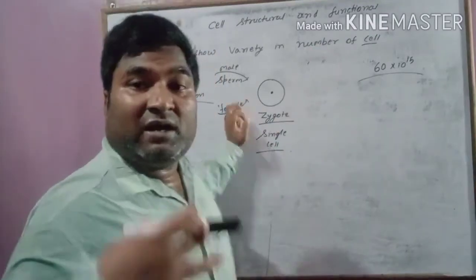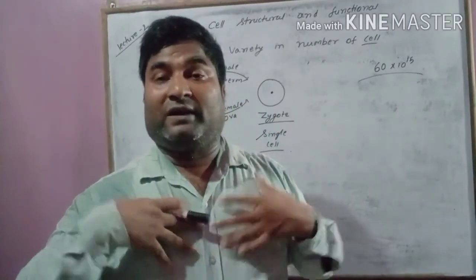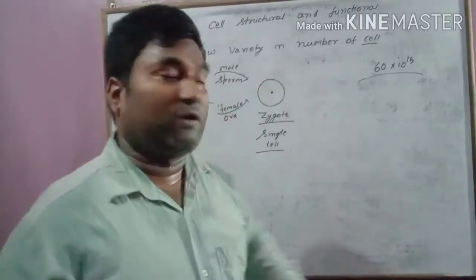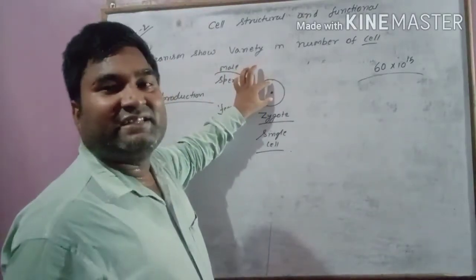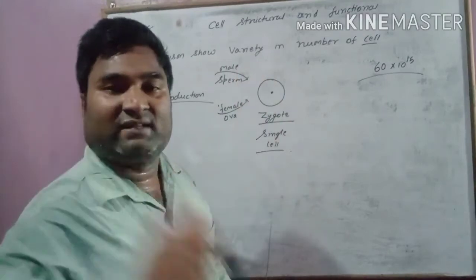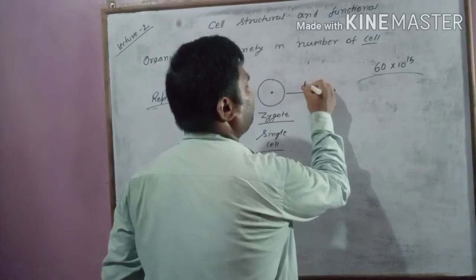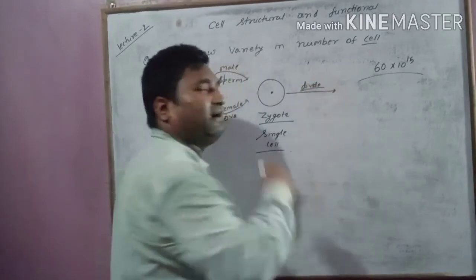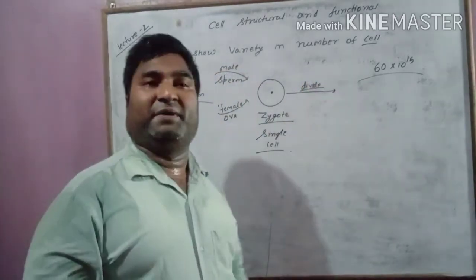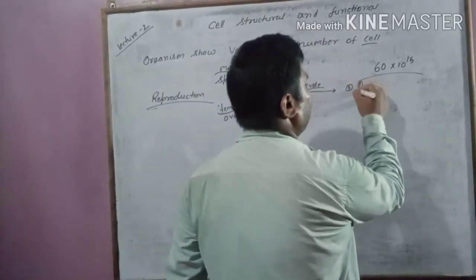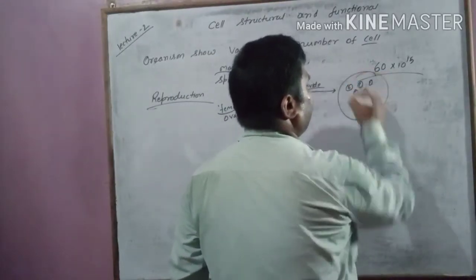But I am a multicellular organism, a rat, a cat, everything is a multicellular organism. But their journey start with the single cell. So this zygote divide. It divide and divide and divide and divide and it becomes a ball of cell.